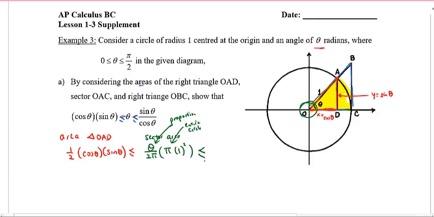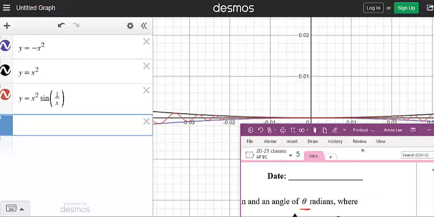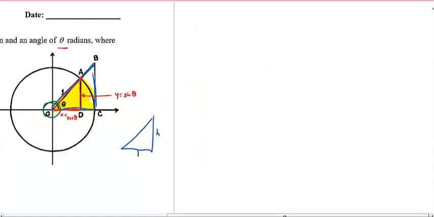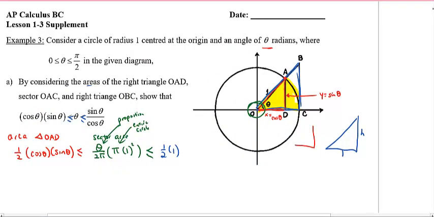Where did that come from? Well, I guess we need to find the area of the blue triangle. We know that OC must be 1, so the base is 1. The question is, what is the height, this BC length? And if you don't know the height, what I could do for you is just draw this out, and let's call this H. And then I want you to draw a similar triangle next to it, the one in red, with sides 1, sine theta, cosine theta.